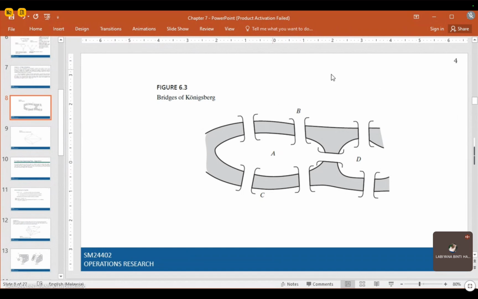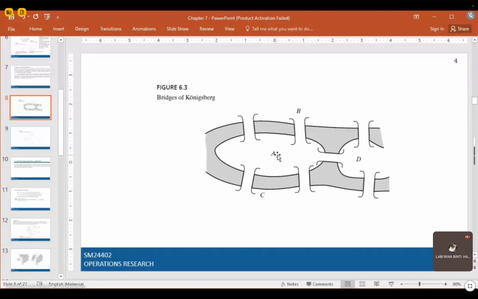Okay, the situation is they have four sections A, B, C, and D, and they want to connect these sections through the bridges. From section A, they want to go to section B. They can use this bridge, and also this bridge. To section C, from A they can use this bridge and also this bridge.